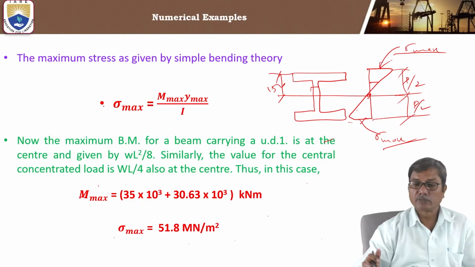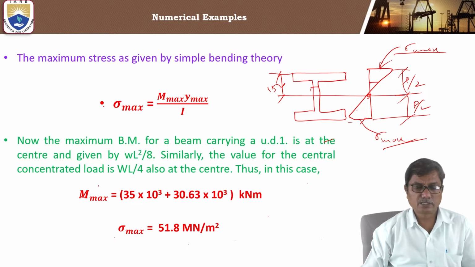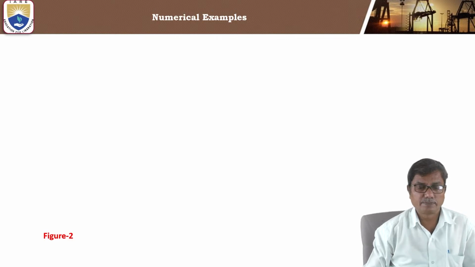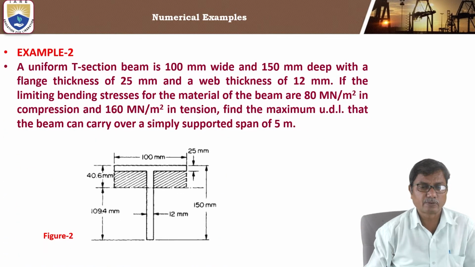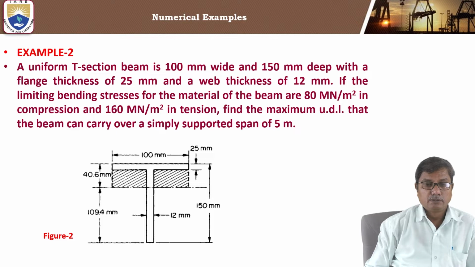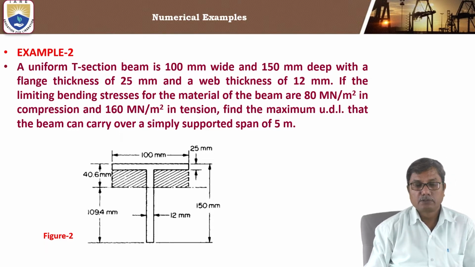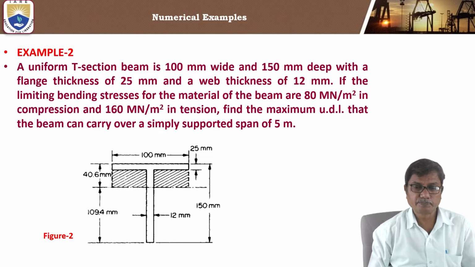Now let us see one more example. A uniform T section is 100 mm wide and 150 mm deep with a flange thickness of 25 mm and web thickness of 12 mm.